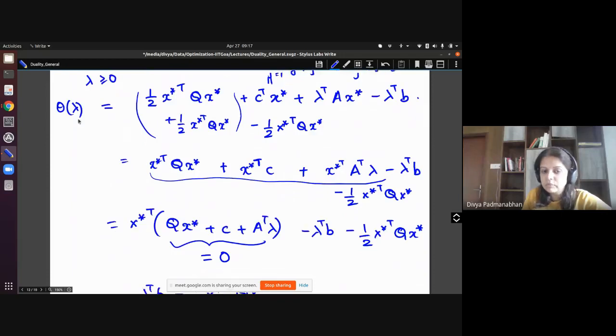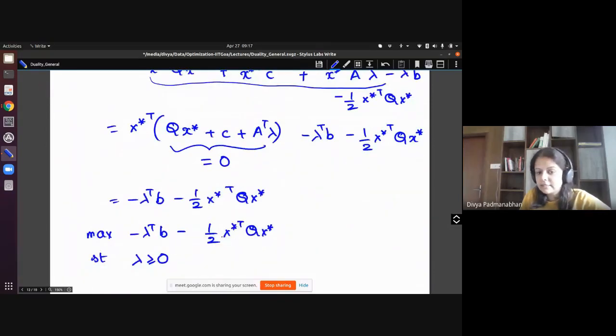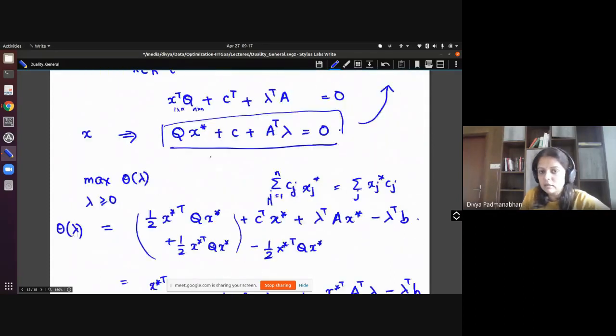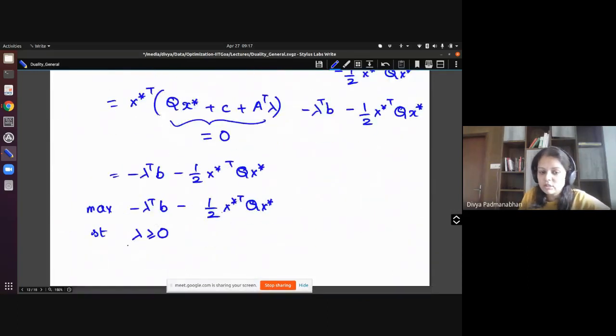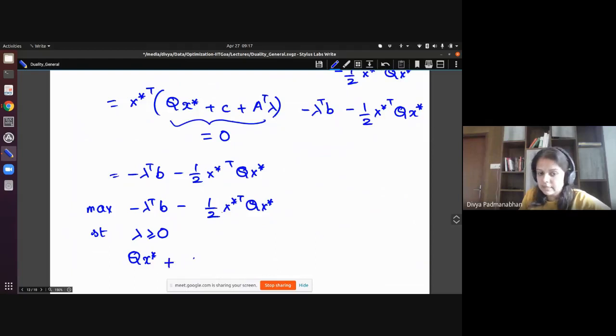Another thing is that this x star is not just any x star, it's a very special x star which has to satisfy this, otherwise it will not correspond to the dual function. So you also need Q x star plus c plus A transpose lambda equal to 0. These are also constraints for the problem.